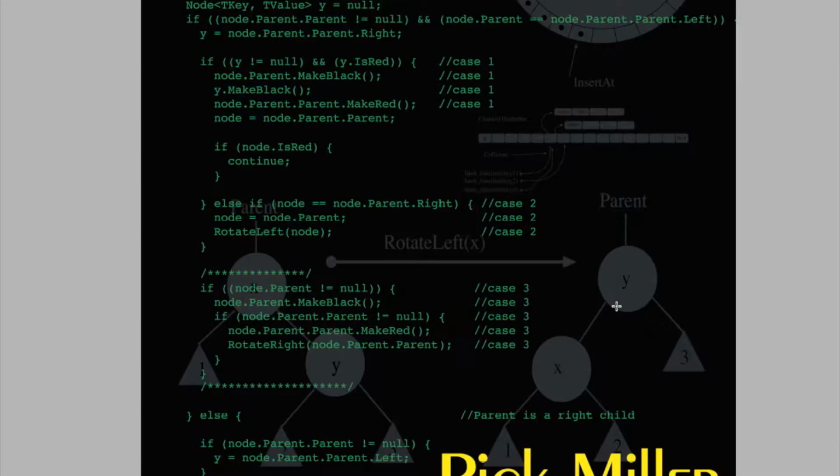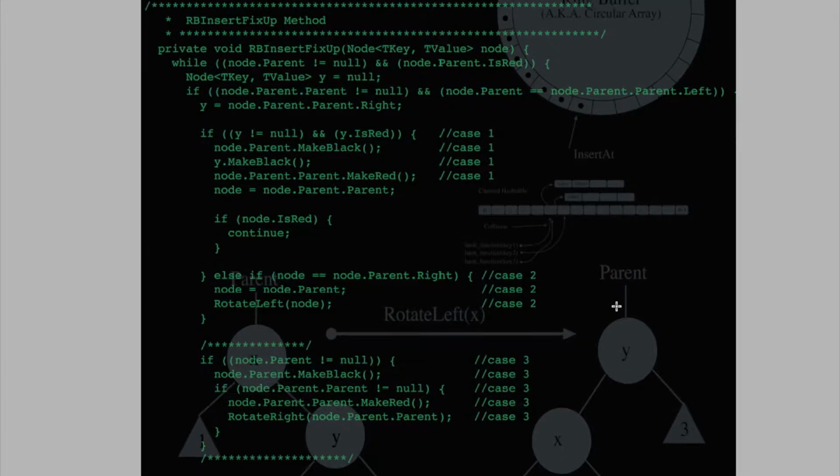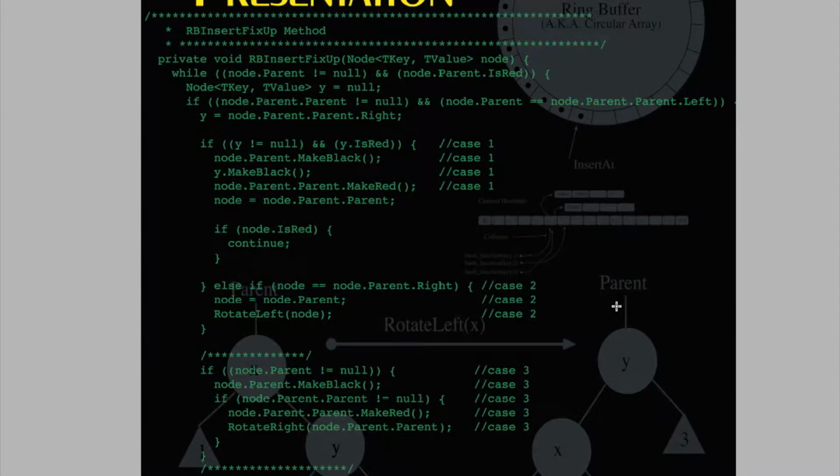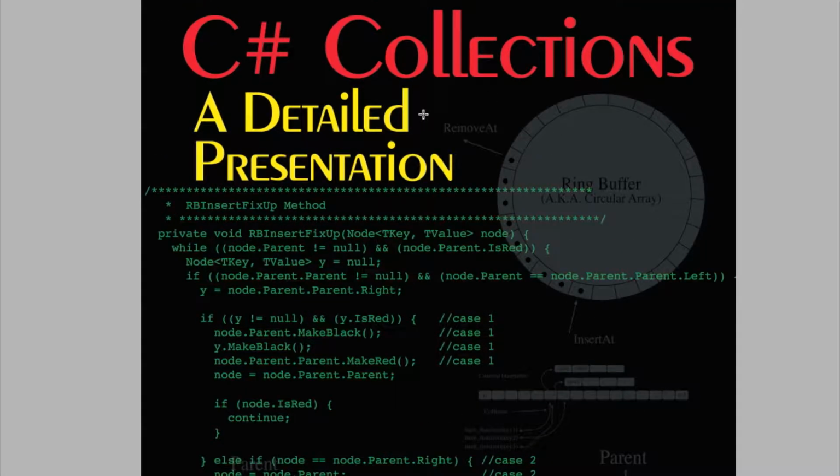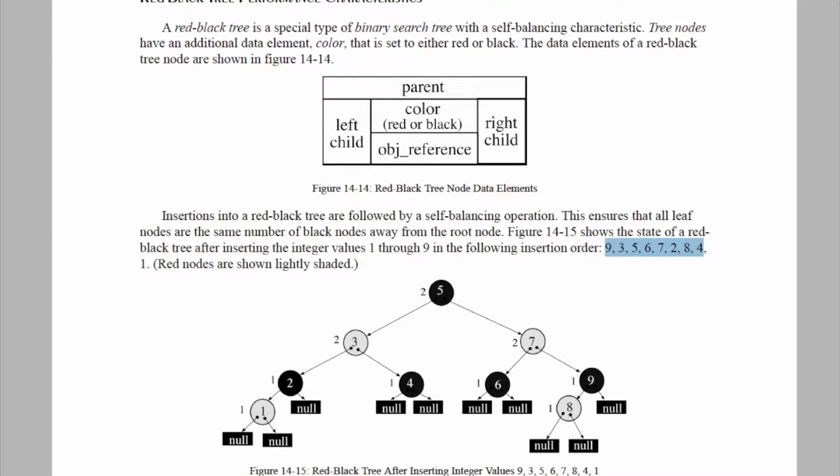It's hard to find an implementation of that algorithm, but I actually implement that algorithm in this code, and you can walk through the code and see the rotations take place and the balancing take place. And that's the C# Collections Detailed Presentation by Pulp Free Press. Okay, let's go back to the animation.